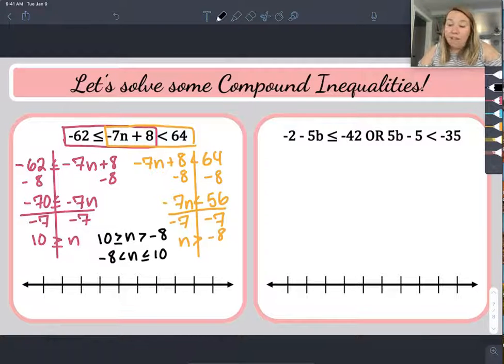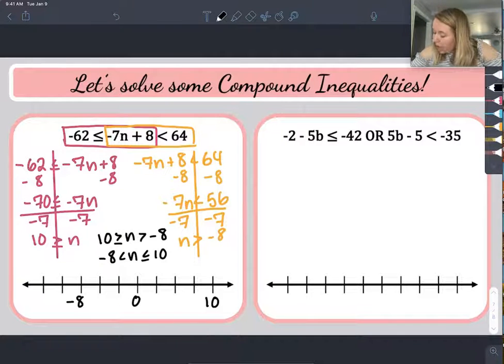So when I go to graph these, I'm going to put my numbers on my number line. I do not have enough spaces for negative 8 and 10, so I'm just going to estimate a little bit, and then I'm going to graph these all together. So I'm going to stick negative 8 here. Roughly 0 will be here, and then 10 is going to be down a little bit further.